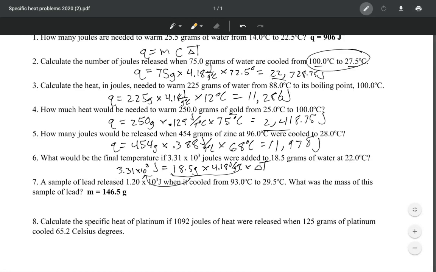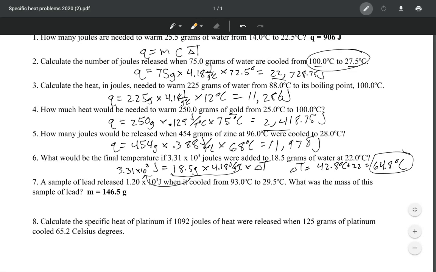When we do that, our temperature change is 42.8 degrees Celsius. And if we started at 22 and we added heat, we're going to add 22 degrees to that, and we're going to end up with 64.8 degrees Celsius.